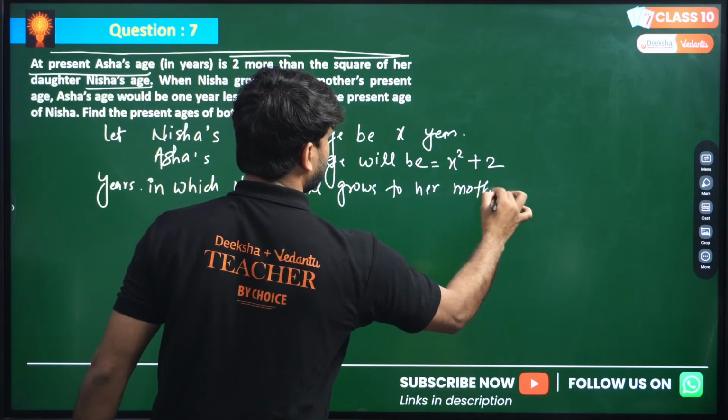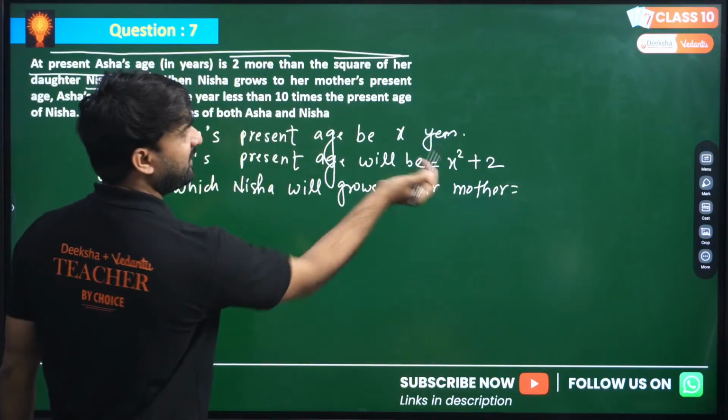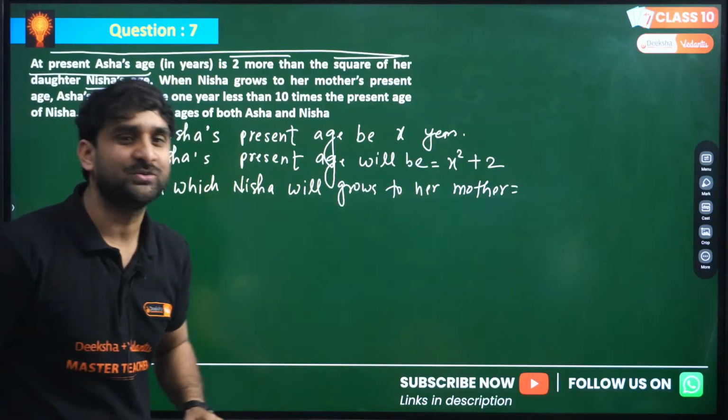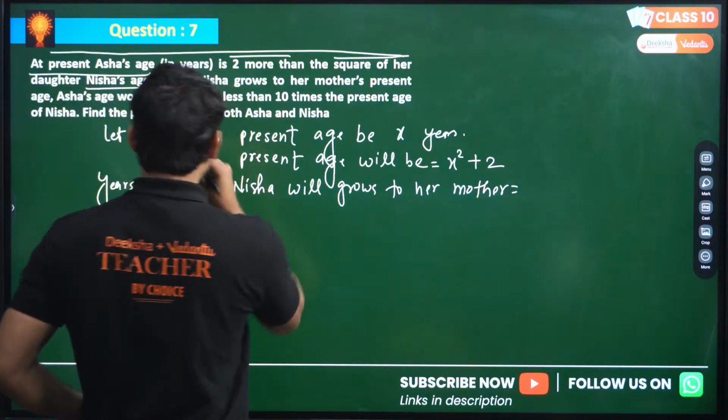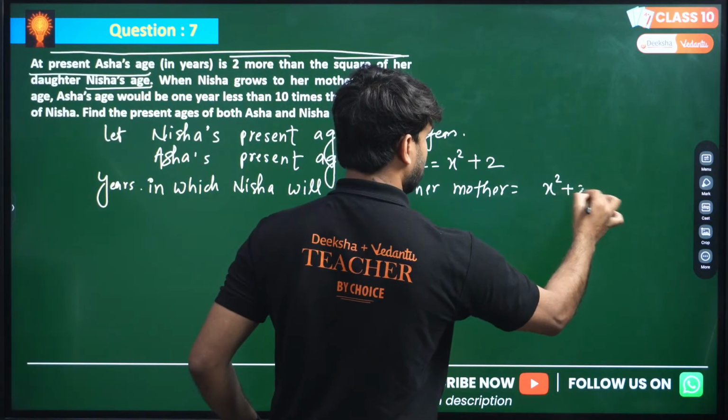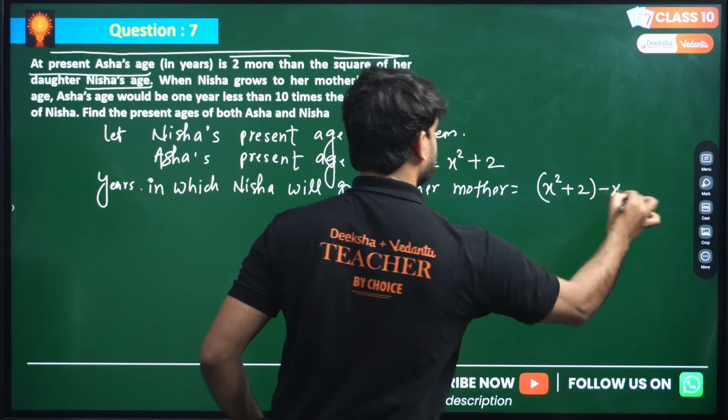How many years will be there? The difference between both. Is it clear? So Asha's present age is x square plus 2 and minus x.